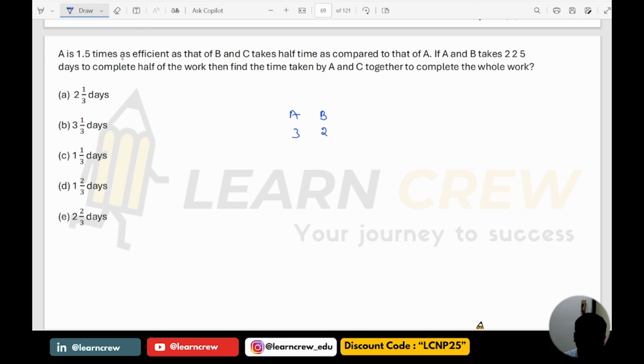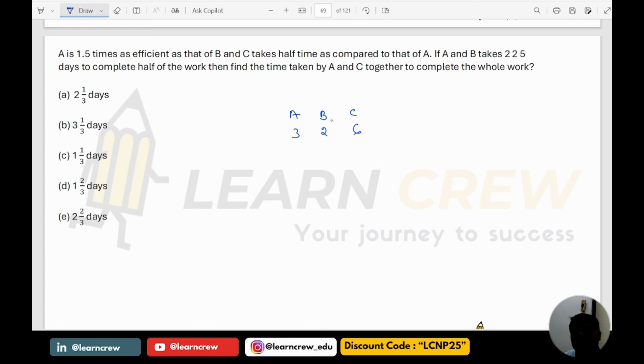A is 1.5 times as efficient as that of B, and C takes half the time as compared to A. Please understand here: C takes half the time as compared to A means C's efficiency is double of A. Time is half means efficiency double.